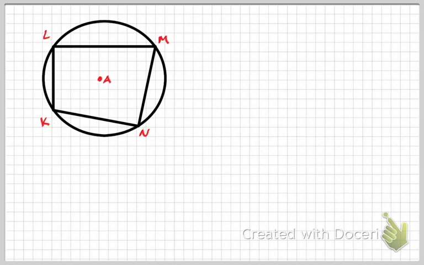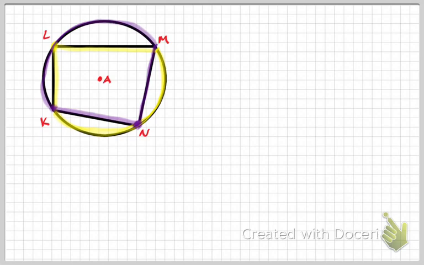Notice that if I were to focus at angle L and follow its rays, it's sectioning off KNM. So this part of the circle. Then if I look at the angle across, which is N, and I follow its rays, it's sectioning off KLM.